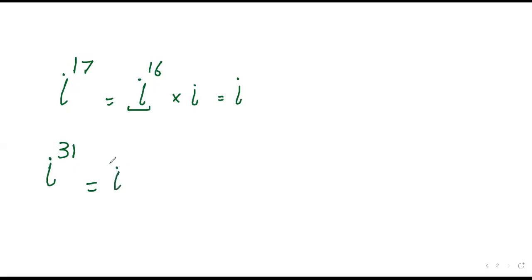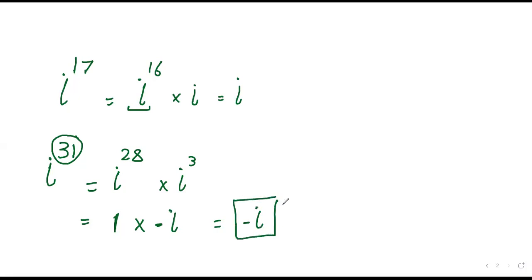So we can split 31, this power, into 28 and 3. So i raised to the power of 28 is 1, and i raised to the power of 3 is negative i, as you know. So 1 times negative i equals negative i. That's it.